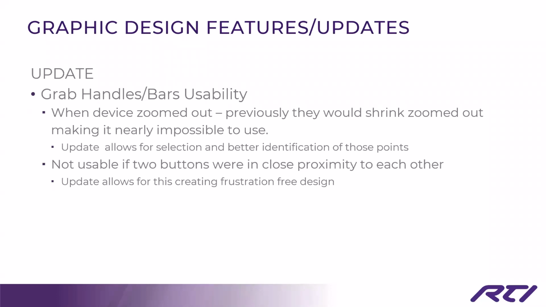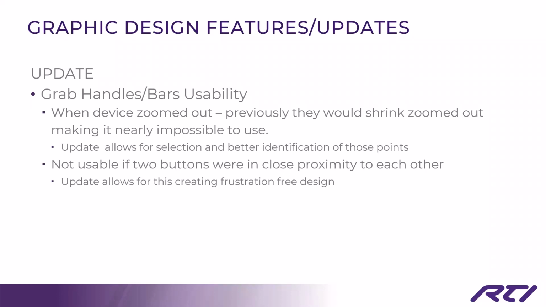The other major update we did with the grab handles and the bar utility, in terms of being able to select the device or select the buttons, was that it wasn't necessarily usable if you had two buttons in close proximity to each other. In other words, if you had one button that was your title bar and then you had another image on top of it, if you wanted to select and drag over that title bar just a little bit and you selected it near the edge of where the image was, it would then change over to that image.